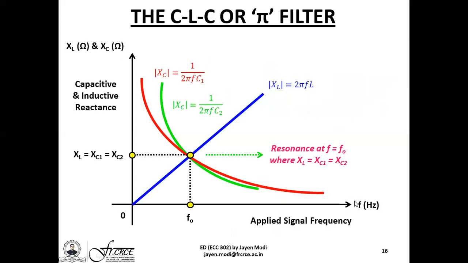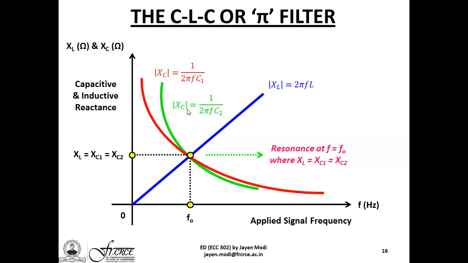This is the primary reason why the capacitive reactance graph does not touch any of the axes. When we have all three elements, the capacitive reactance for capacitance C1, the capacitive reactance for capacitance C2, as well as the inductive reactance all plotted together, there will be a certain resonant frequency F0 for which we'll have XL equal to XC1 equal to XC2. This graph is that of XC given by 1 upon 2 pi FC1.